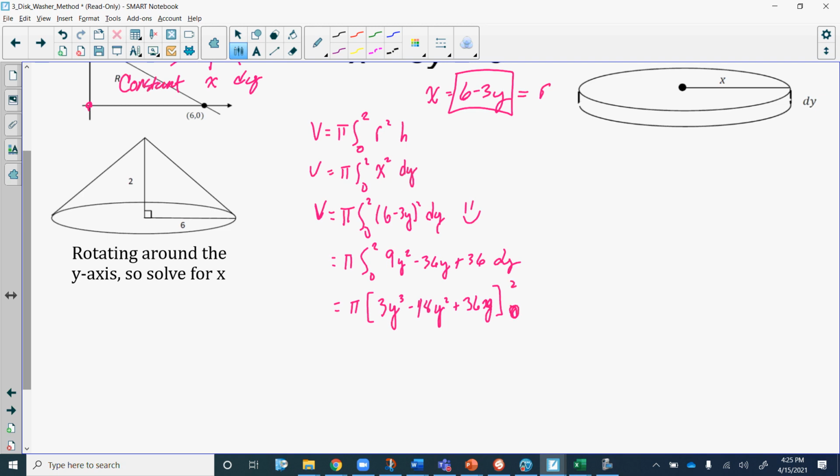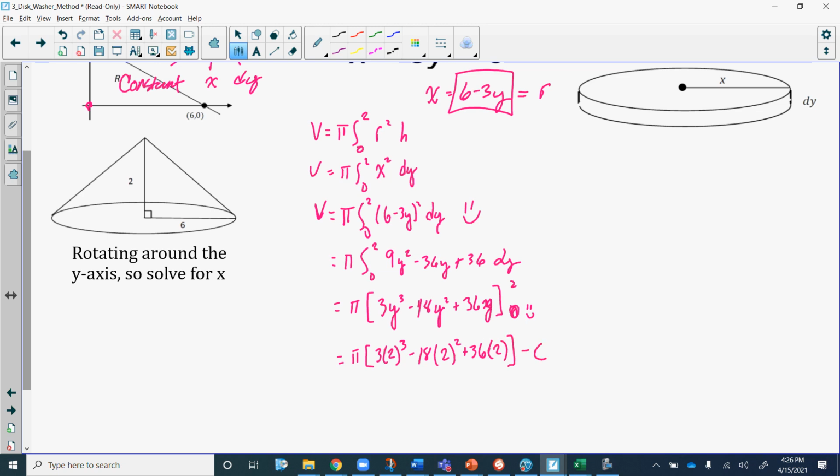And the 0 here really makes me happy because I know if I substitute 0 into those things when I do my difference of the two substitutions, well, the 0 is just going to be nothing. So I don't need to worry about substituting the 0. I'm only going to substitute the 2. So here I'm going to get pi times 3 times 2 cubed minus 18 times 2 squared plus 36 times 2.